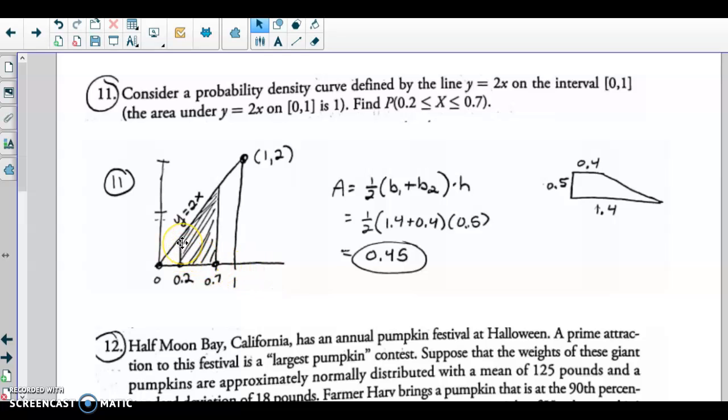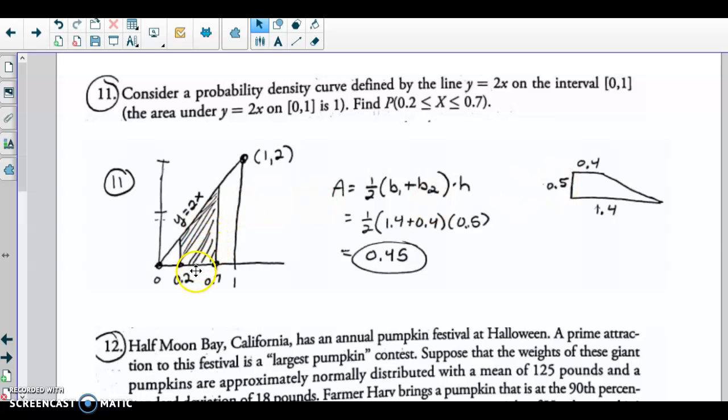Now, I've been out of geometry a long time, and you guys might be better at this than me, but the only way I could figure it out is to pull out this shape, and I noticed it's a trapezoid. And I know the formula for the area of a trapezoid. So I pulled this shape and put it over here on the right, and labeled everything I knew.